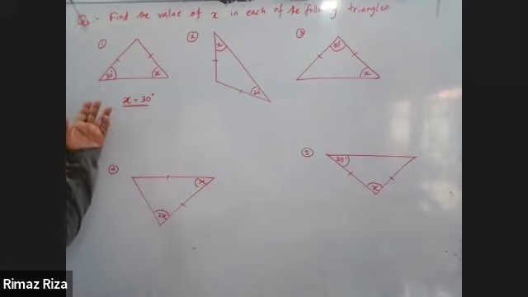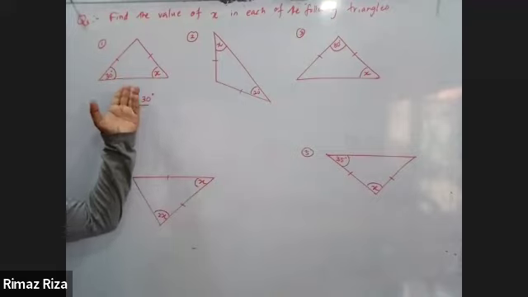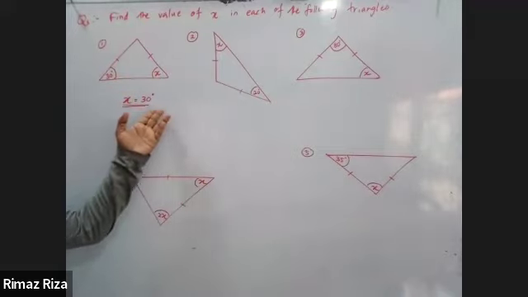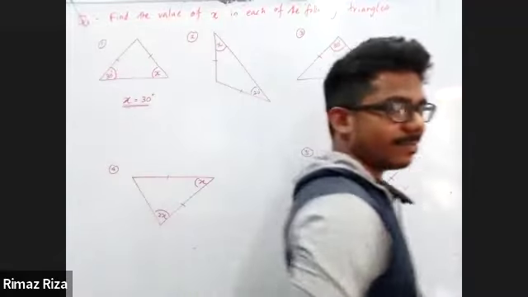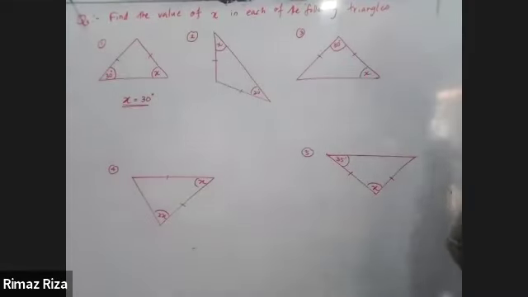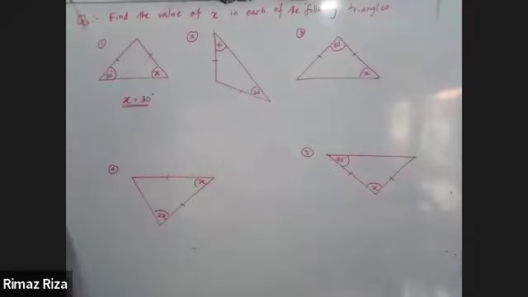Or else, if you want, you can write: this is an isosceles triangle, therefore opposite angles are equal, so x equals 30. Second one done.